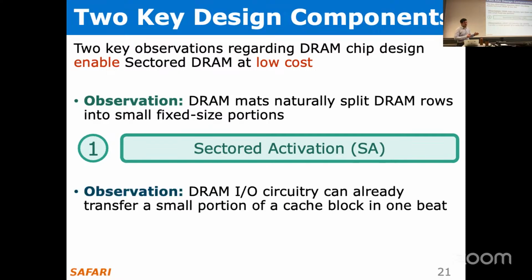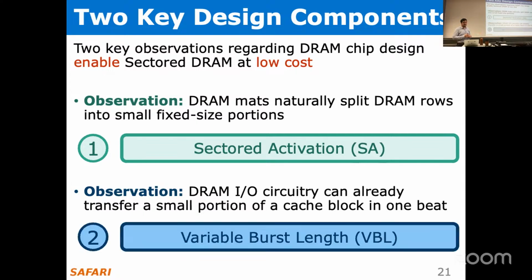And second, we observe that DRAM I/O circuitry already has a way of selecting the arbitrary byte to be transmitted in 1 beat of a burst. We slightly modify the byte selection criteria to enable fine-grained DRAM data transfer at low cost using a mechanism that we call variable burst length.